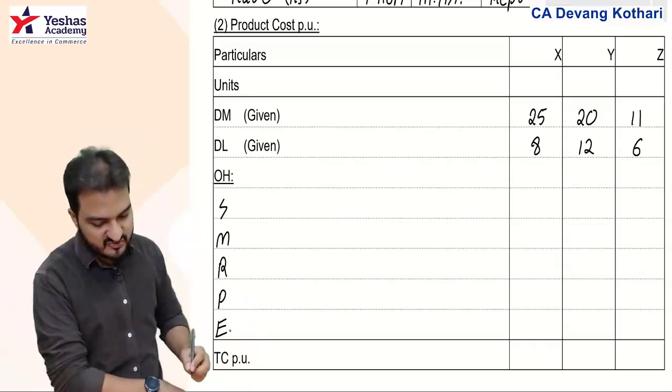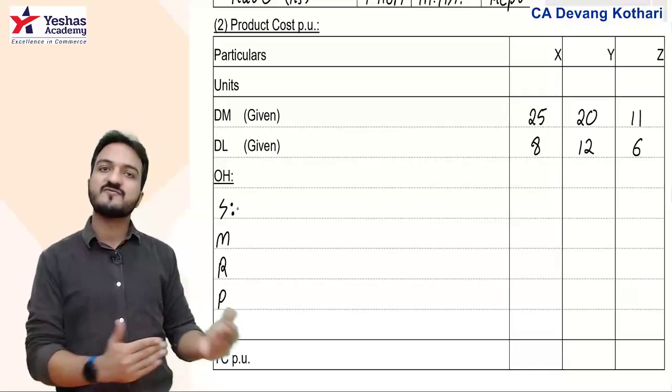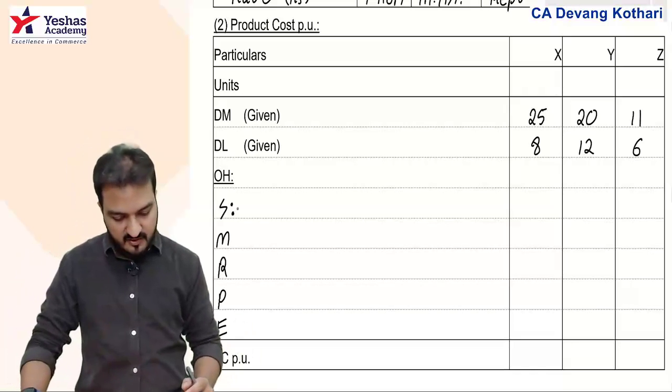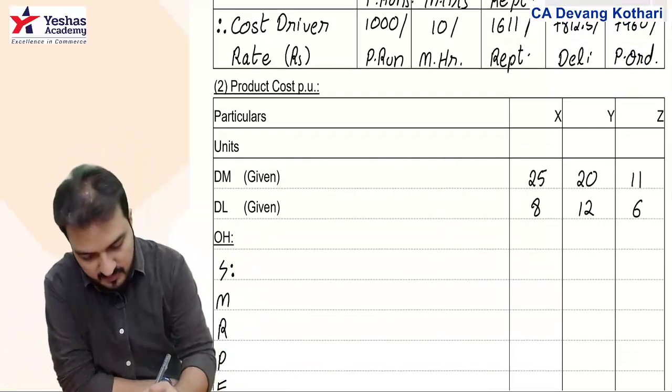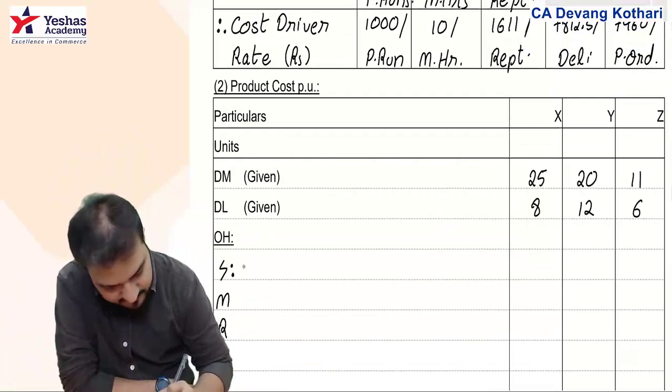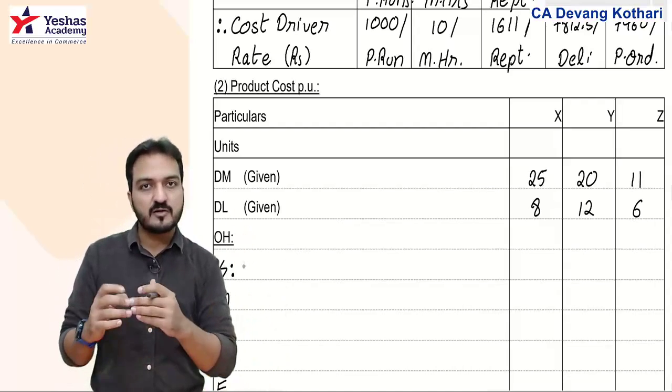My setup overheads will be added based on the cost driver rate of setup activity. Your setup activity gave a rate of 1000 rupees per production run. I'll use that rate here. So for my setup cost for X, Y and Z, first I found the setup cost rate.